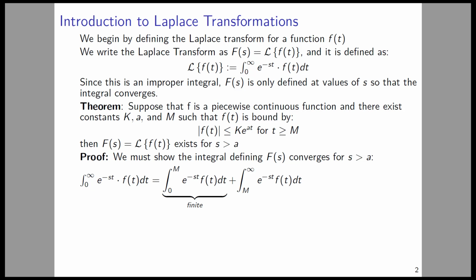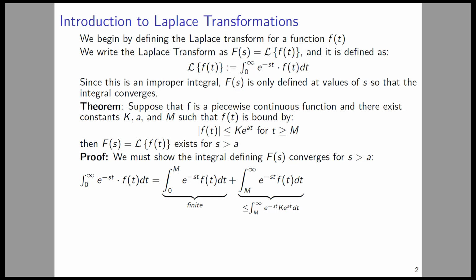For the integral from m to infinity of e to the negative st times f of t dt, we know that f of t is bounded by k times e to the at. So this integral is bounded by the integral from m to infinity of e to the negative st times k times e to the at dt.